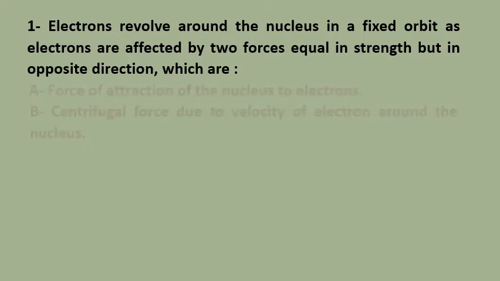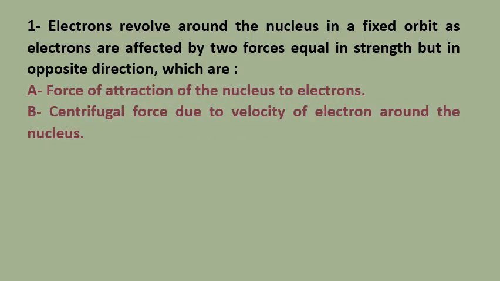So the electrons are affected by two forces equal in strength but opposite in direction. The two forces are, number one, the force of attraction between the nucleus and the electrons, as the nucleus contains a positive charge and the electrons contain a negative charge, so there is an attraction force between the positive charge in the nucleus and the negative charge in the electrons rotating around the nucleus.